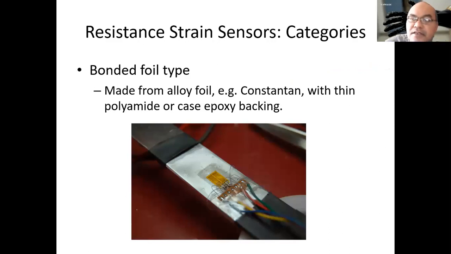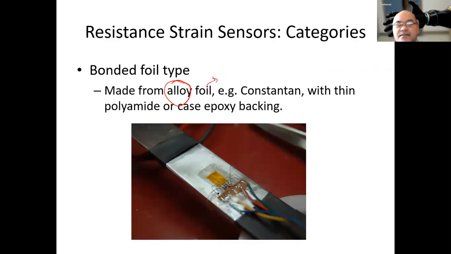So how does a strain gauge sensor look like? For example, it could look like a bonded foil type like this. Usually it is made from alloy foil, metal alloy foil. Metal alloy foil here indicates that the shape is in the form of a very thin film.